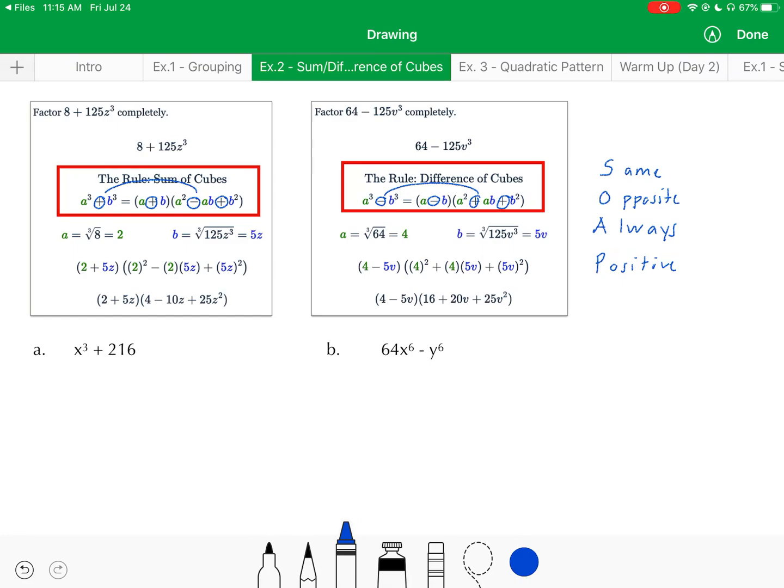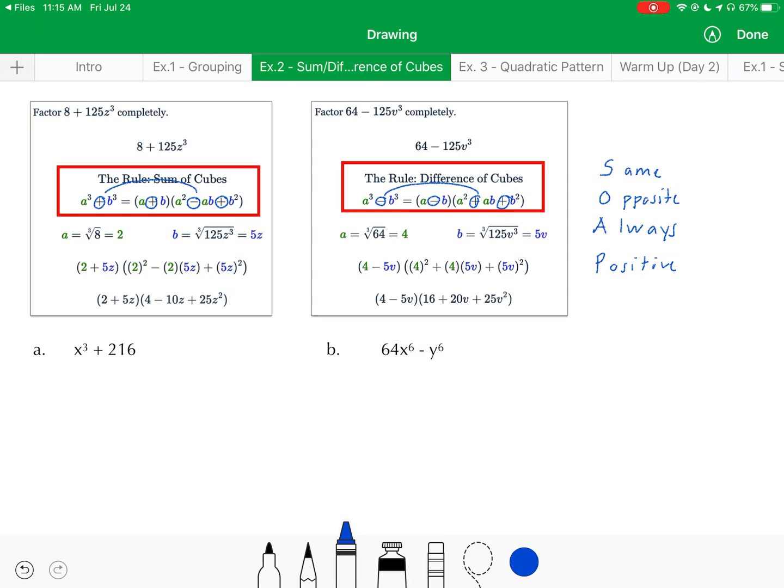So look at the example that's worked out on the left-hand side. 8 plus 125z cubed, we're trying to factor that. So the first thing you're going to do is find a, which is the cube root of 8, or 2. And then you're going to find b, which is the cube root of 125z cubed, or 5z.